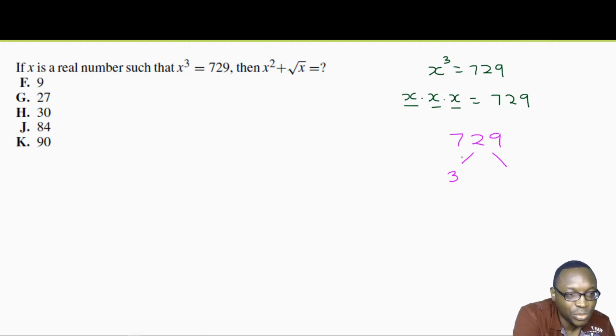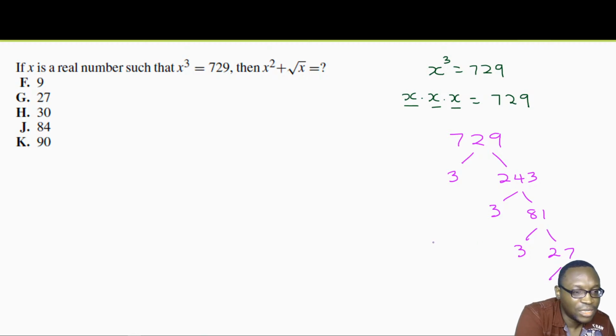So if I divide 729 by 3, I get 243. If I divide 243 by 3, I'm going to get 81. If I divide 81 by 3, I'm going to get 27. And then 27 is going to be 3 multiplied by 9.